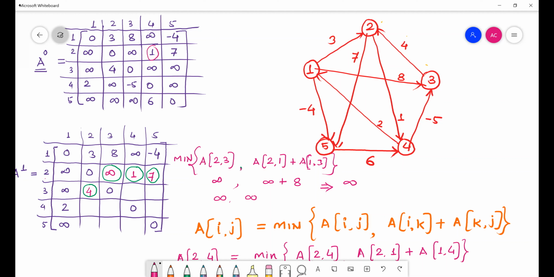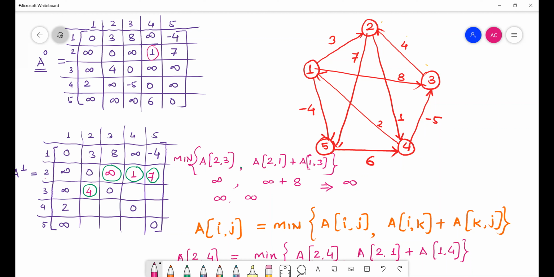This is dynamic programming. At every subproblem or at every node, we are trying to calculate the matrices and then use those matrices for the further nodes. So the matrix formed for A1, that is node 1, we will use to calculate A2.